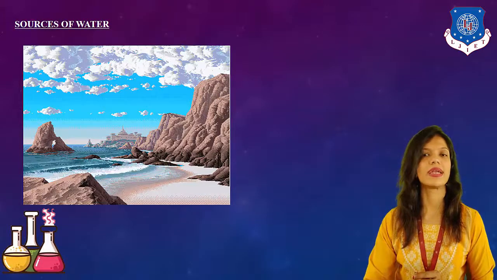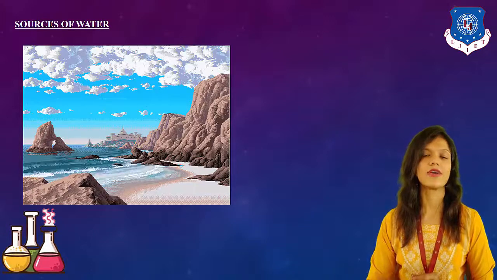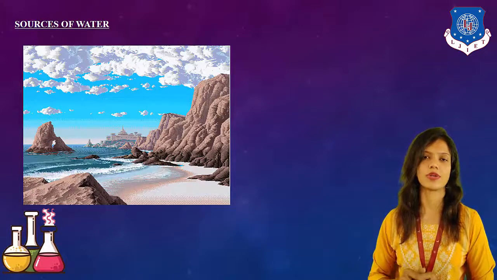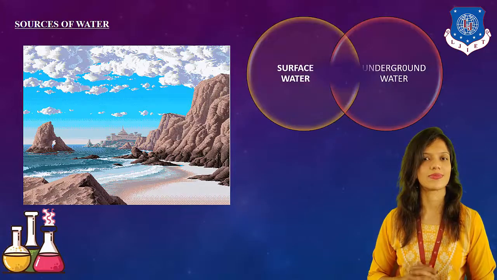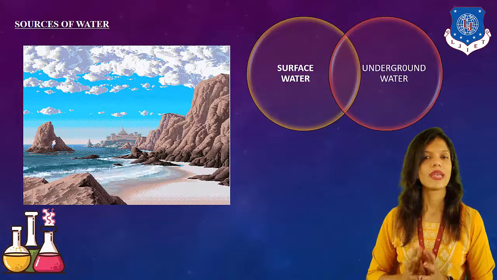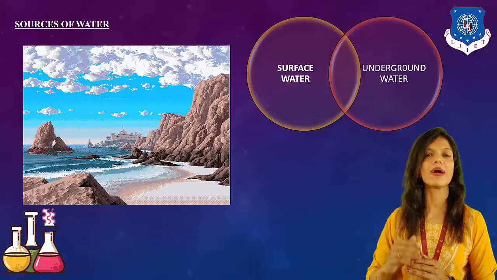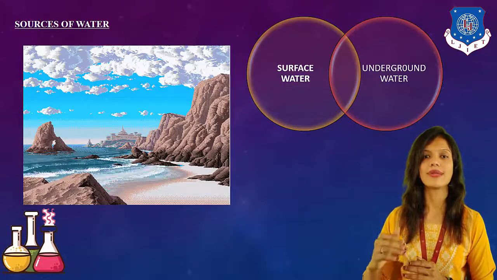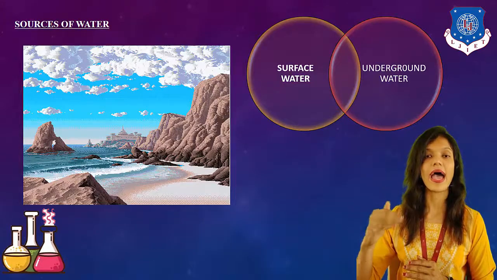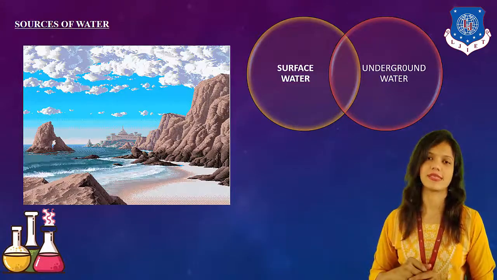It can be divided into two parts. First one is surface water and second one is underground water. We can divide it depending upon its availability on the Earth's surface and below the Earth's surface.